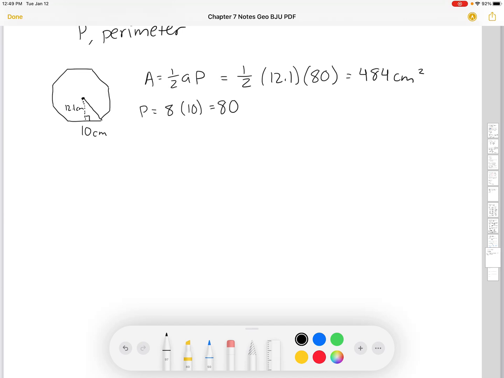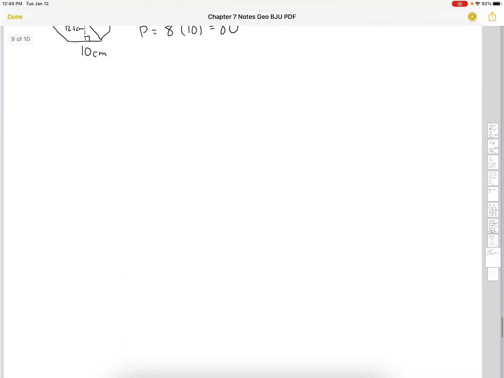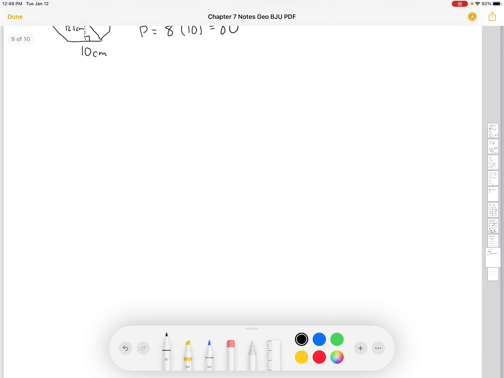Let's try another one. Let's say I'm given a hexagon this time. It tells me it's a regular hexagon, so each of the sides is the same. They're all 4 inches.